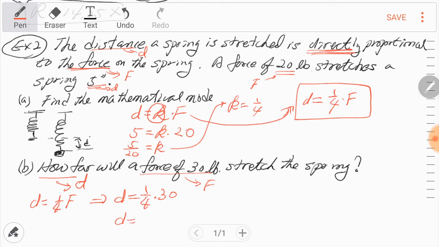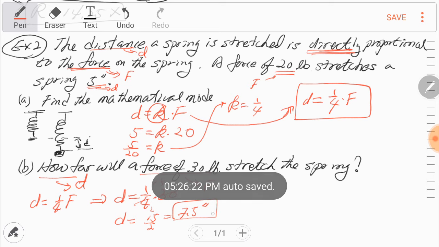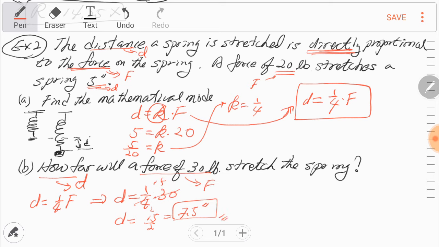Reduce this, and we get 15 over 2, then 7.5 inches. So if a 30 pound force is applied, then the spring will stretch 7.5 inches. In order to answer these questions, make sure to write the equation correctly. If this is a direct variation, then multiply the constant of variation k.